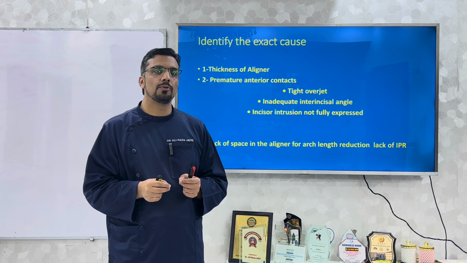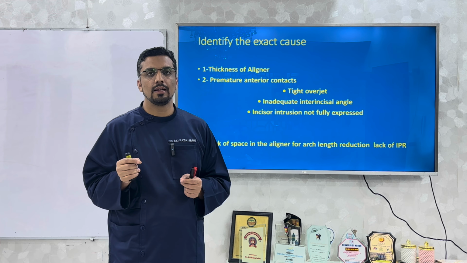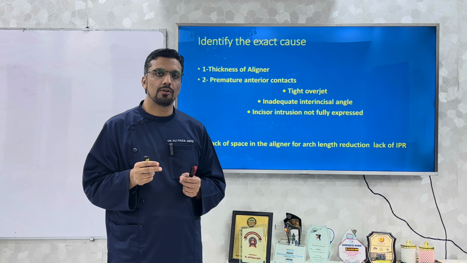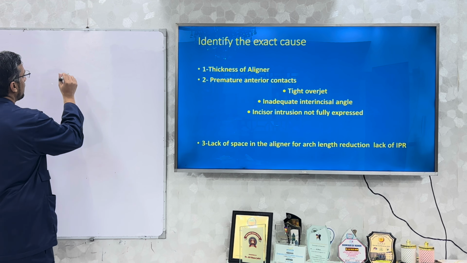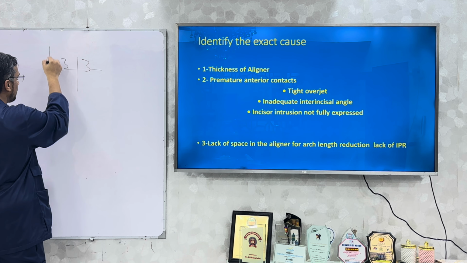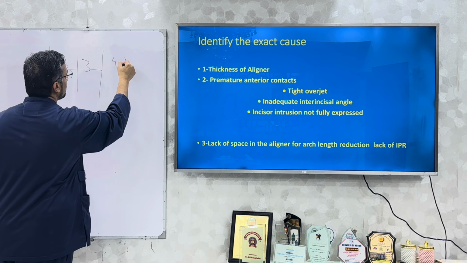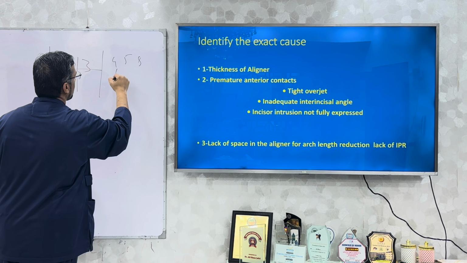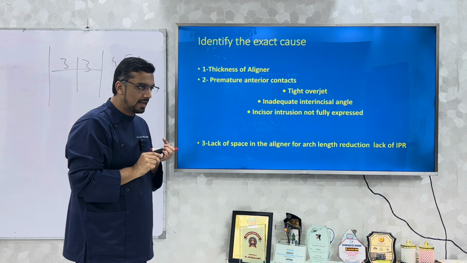The second thing you can do is trimming of the aligner up to the distal side of the 3. Canine to canine, you will extend the aligners and trim the aligner up to the distal of the 3 and let the posterior teeth supra-erupt again, and this posterior open bite will be handled.